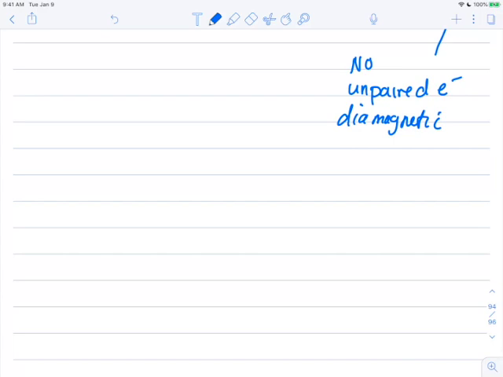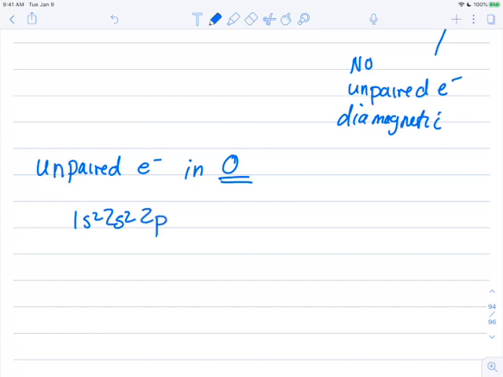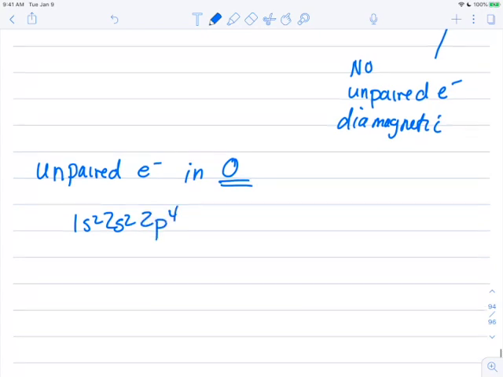All right, so when we're doing the electron configuration, that's for an individual atom. So let's say I asked you for unpaired electrons in oxygen, just standard old oxygen. 1s2, 2s2, 2p4. So this is where you would do your electron configuration, your orbital diagram.